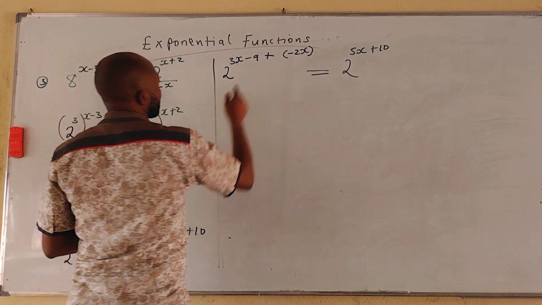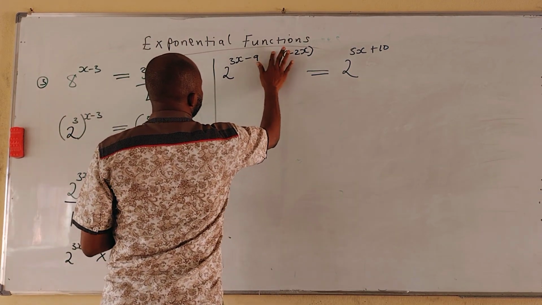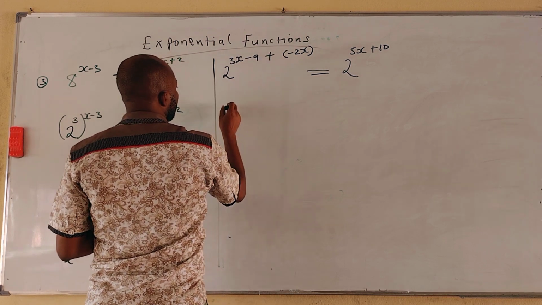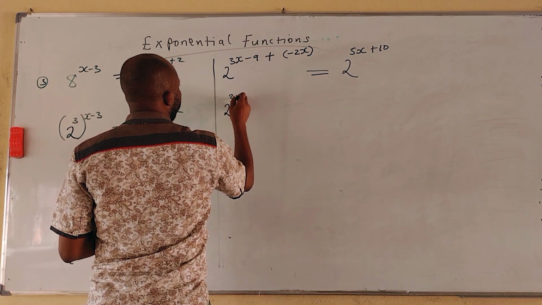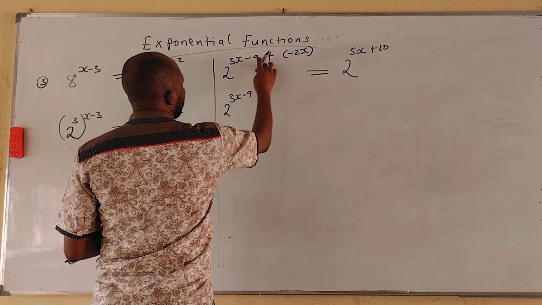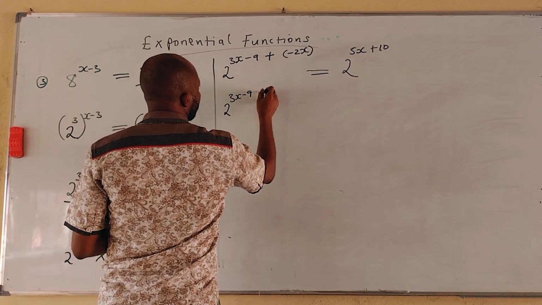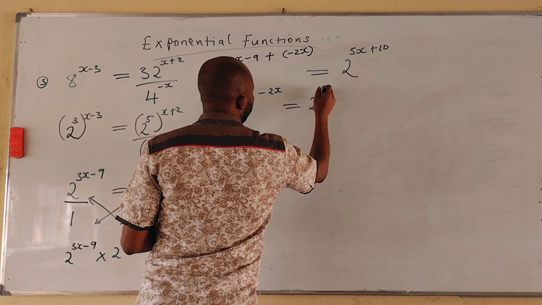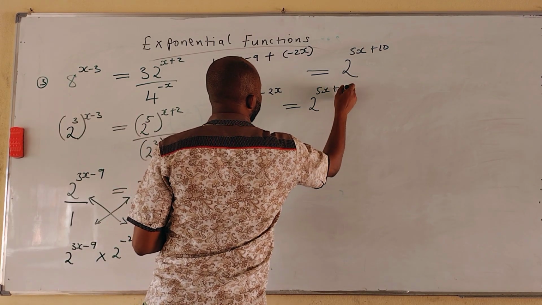Okay, this is plus, so let me write it well. So this is 2 raised to the power 3x minus 9 plus times minus is minus 2x equals 2 raised to the power 5x plus 10.